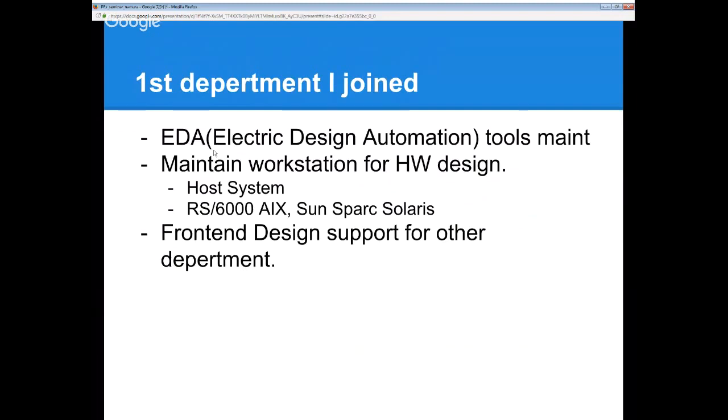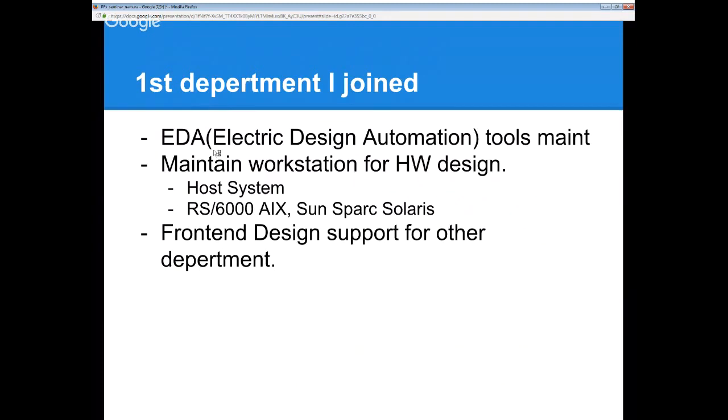About the previous company, I joined a department group. That group mainly focused on EDA, electronic design automation. These tools are used for the logic design. The department maintained these EDA tools, and also maintained the workstations for the hardware design in logic design.